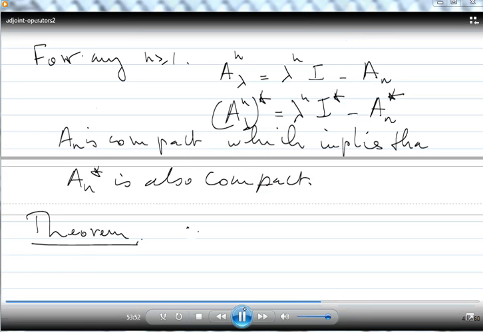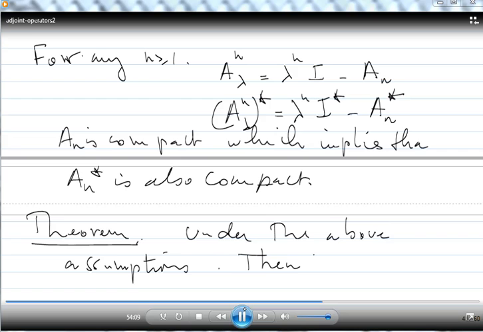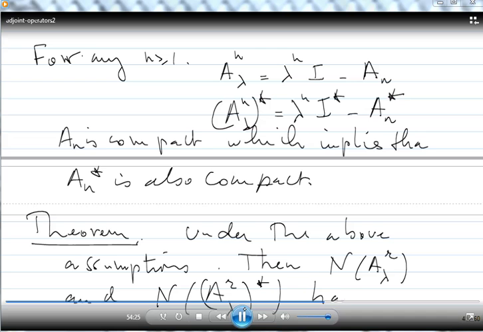Under the above assumptions, meaning that A is compact from X into X, and X is a normed vector space, then the null space of A lambda and the null space of its conjugate have the same dimension.